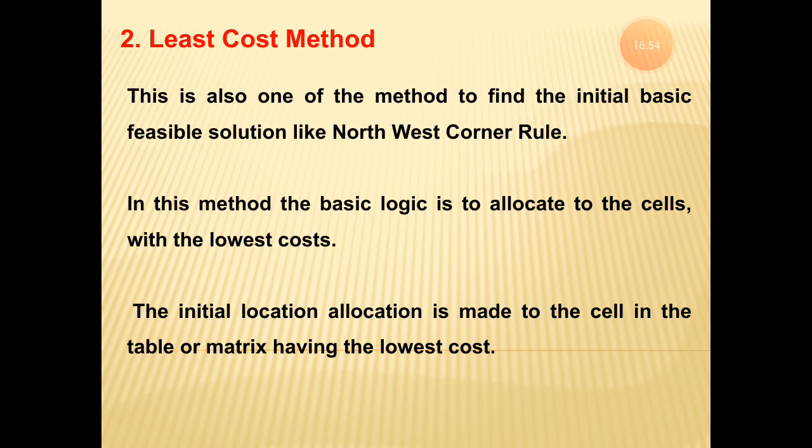Here the least cost method is also one of the methods to find the initial basic feasible solution, like the northwest corner rule. In this method, the basic logic is to allocate to the cells with the lowest cost.